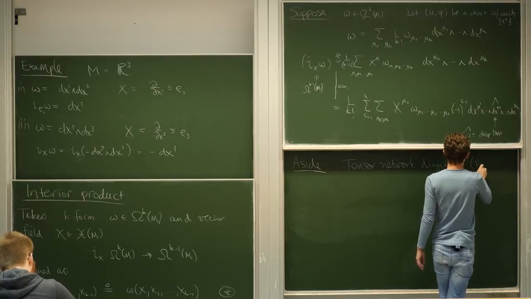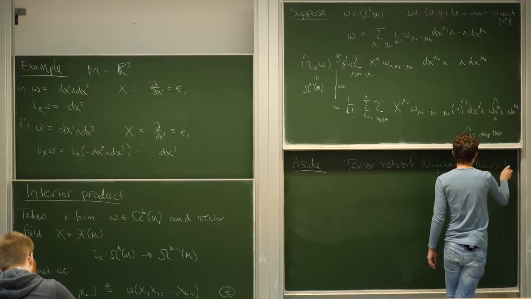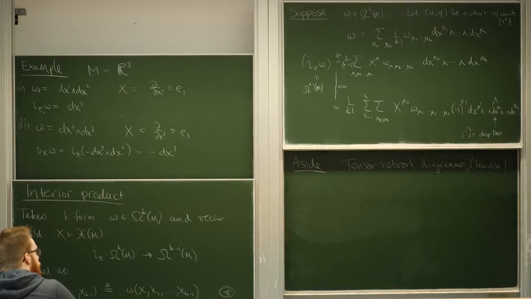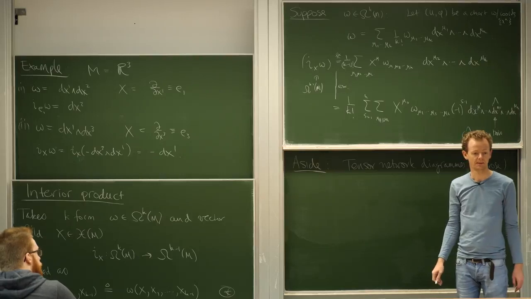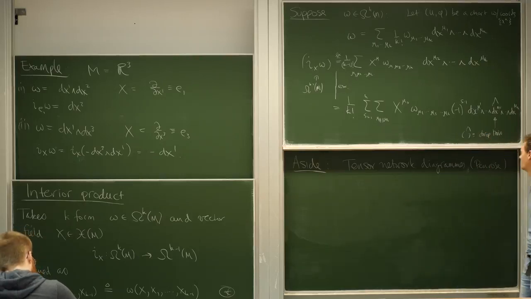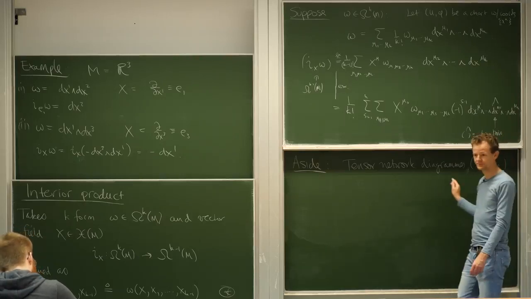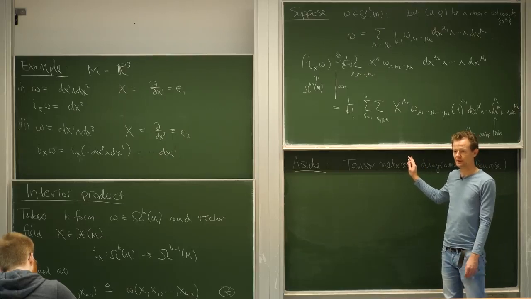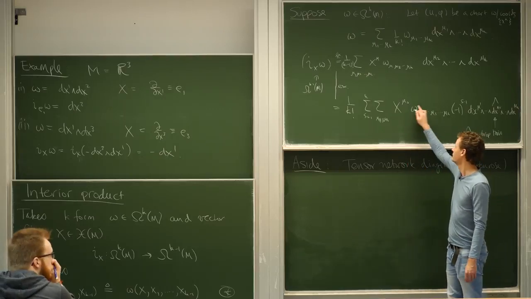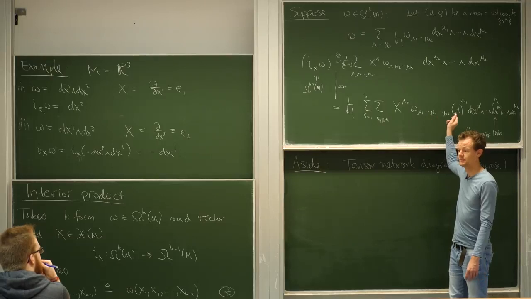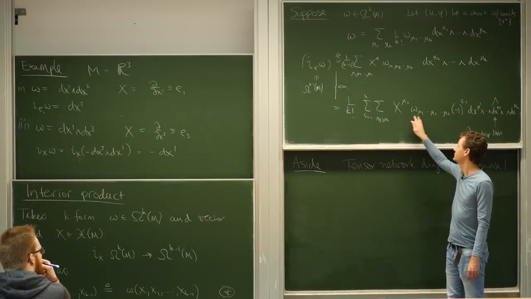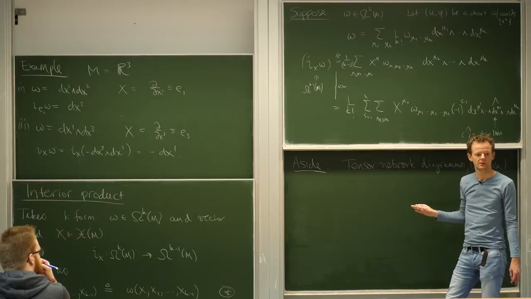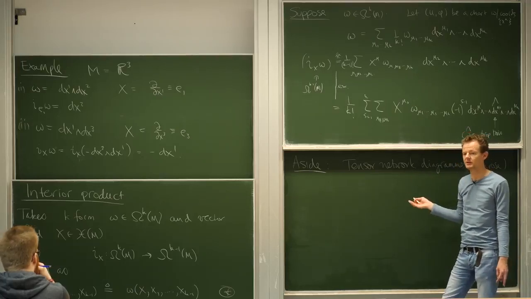Now this formalism's been reinvented dozens and dozens of times and rediscovered. One of the earliest references that I'm aware of is due to Penrose. And the idea is to represent tensors, or in particular the components of a tensor, with a diagram. And then the operations of contraction you can also represent diagrammatically.